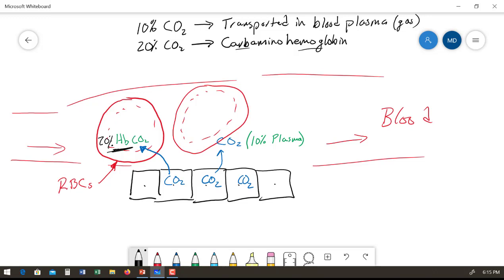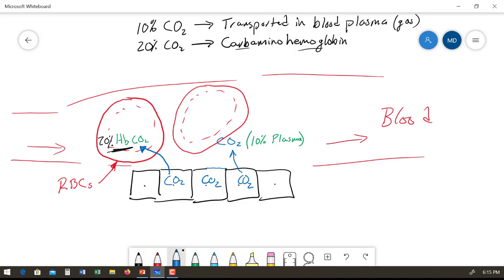It's carried inside the red blood cell, so this carbon dioxide goes inside the red blood cell, combines with hemoglobin, and gets transported in that form. The final 70%, so actually let me get rid of some of these arrows here. I'm going to change this a little bit so that it's this arrow coming out.